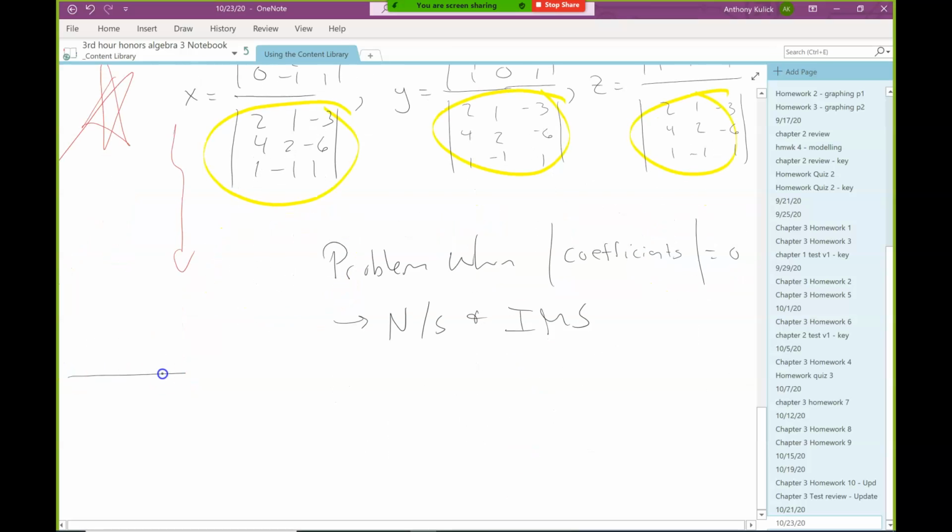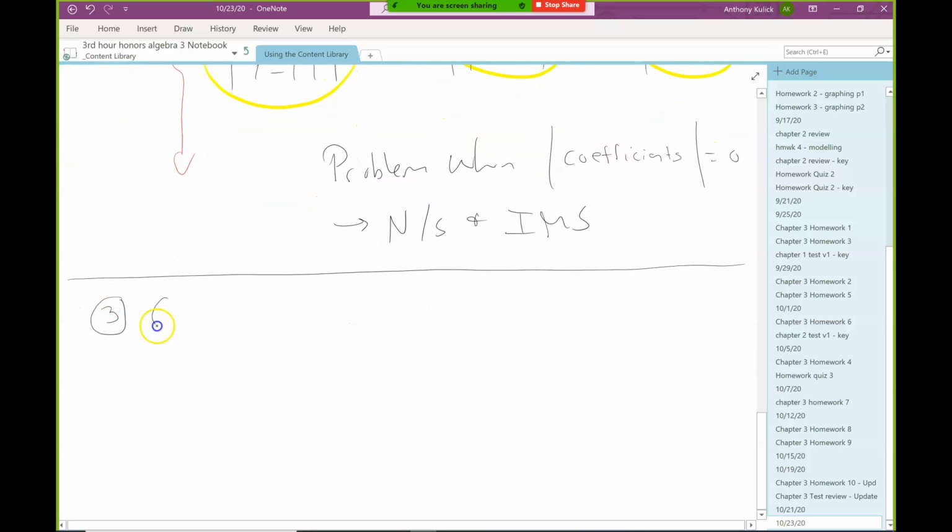The last one that we want to talk about is Gaussian elimination.